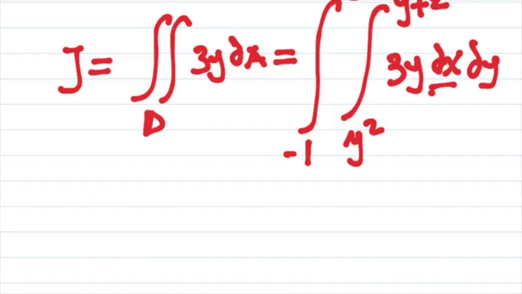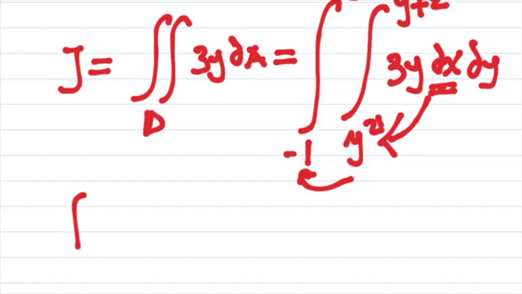The reason we put the dx first is that we know the limits in terms of y, but we cannot integrate with y first because we don't know the values of y in terms of x. So that's why we put the dx on the inside to do the integration first.